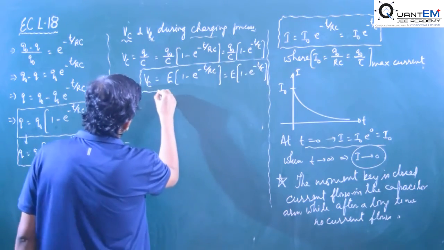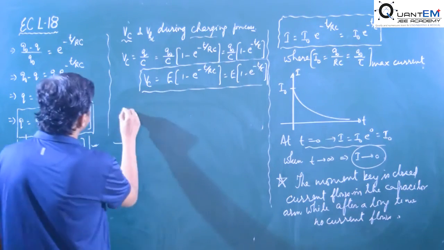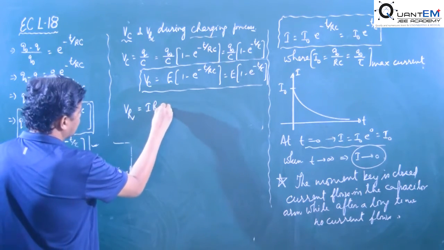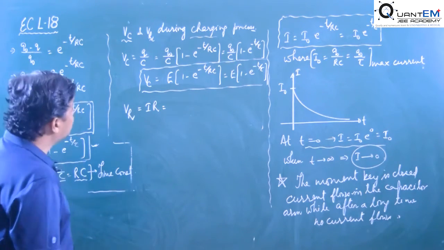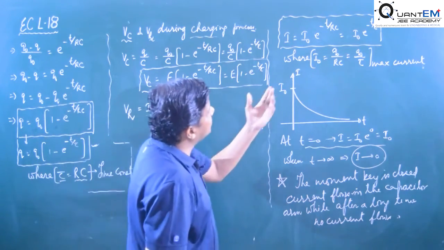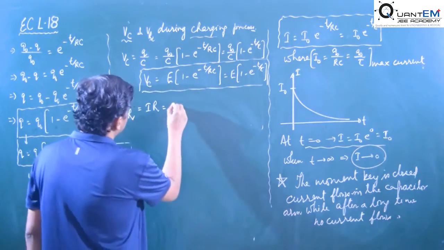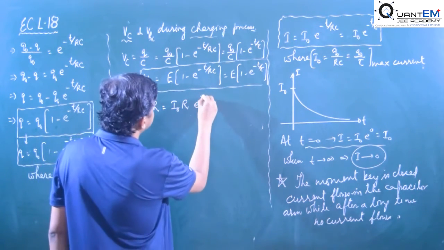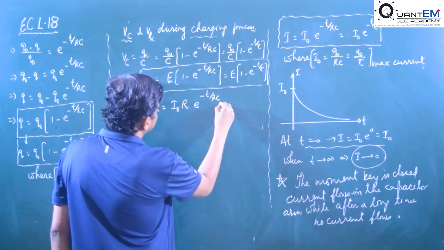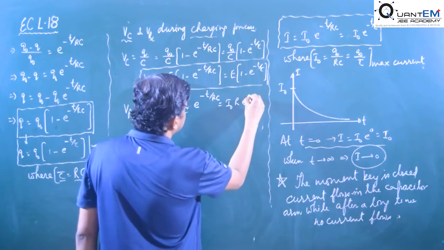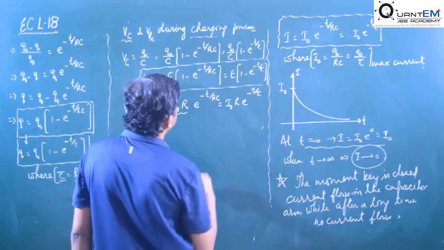Now we have to find the value of VR. That is equal to the current in the circuit times the resistance. The current in the circuit is I naught e to the power minus t by tau, so VR is I naught R e to the power minus t by tau.